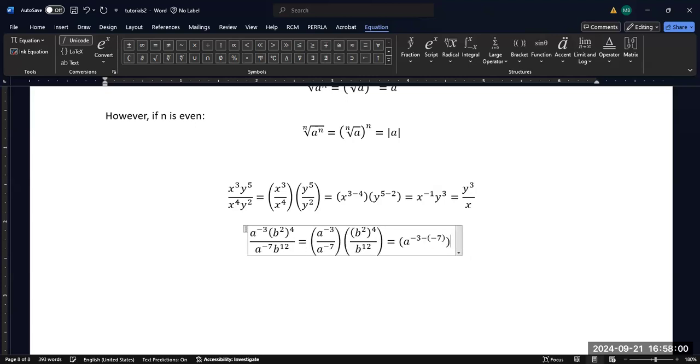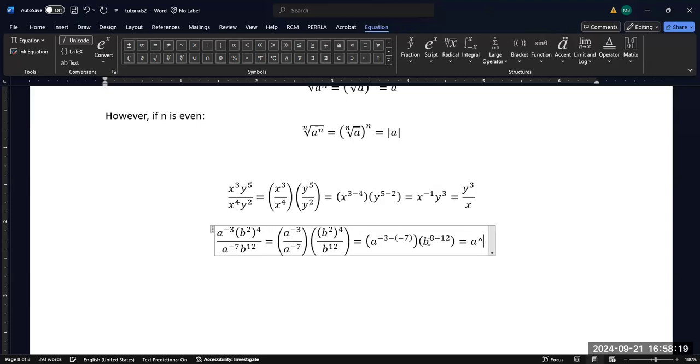Do be careful with the signs. And then this would be b to the 8th because we're multiplying an exponent raised to another exponent, minus 12. And so -3 plus 7 is going to be a to the 4th and b to the -4. And in this case, we're done.